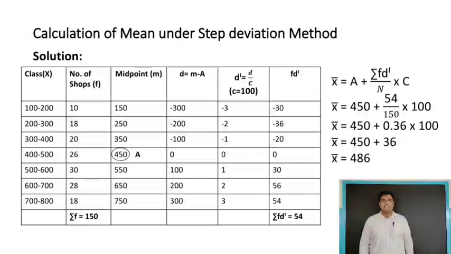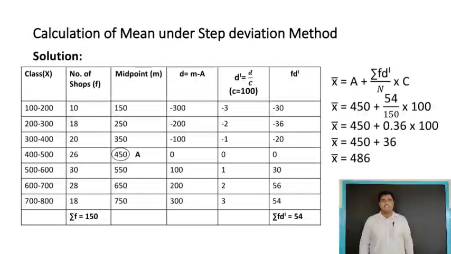And later we multiply d dash with f and find out fd dash and take a summation of that, which will be sigma fd dash. Formula goes like this: a plus sigma fd dash divided by n into c. So a is 450 plus sigma fd dash, as we can see in the table, it is 54, divided by n, that is summation of frequency, 150, into c, which refers to the class interval, that is 100. 450 plus, if I divide 54 by 150, I get 0.36 into 100.